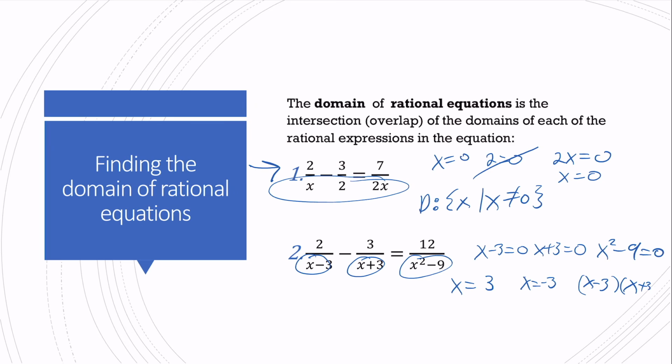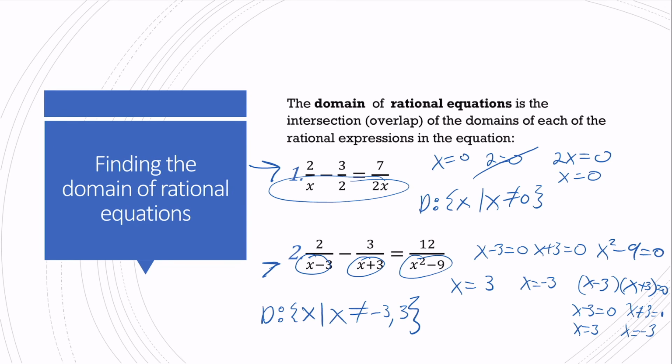Whenever we see a degree 2, we're going to want to factor, but I would also get that my denominator couldn't be 3, and it can't be negative 3. So in this case, my domain is all real numbers of x as long as x doesn't equal negative 3 or 3, because those two values would make me have to divide by 0, which we don't want to do.